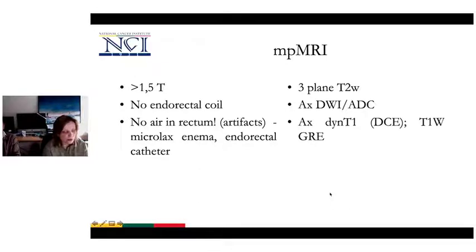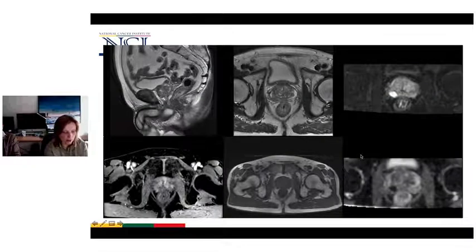For this, we use a microlax enema 2-4 hours before the exam, or we can use an endorectal tube or catheter just to take the gas out of the rectum. And the main sequences are three-plane T2 images, diffusion, ADC, and contrast enhanced images.